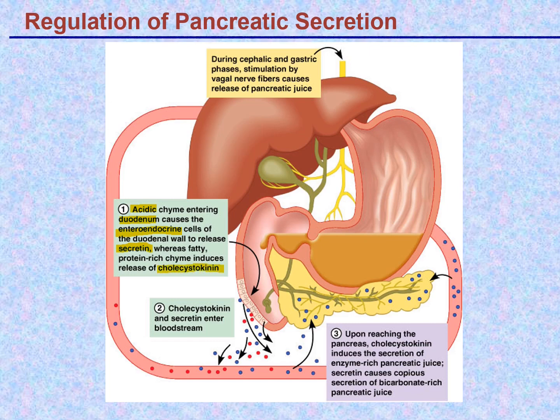These two hormones enter into the bloodstream. When they reach the pancreas, the cholecystokinin induces secretion of enzyme-rich pancreatic juice, and secretin will trigger release of bicarbonate-rich pancreatic juice. Remember, bicarb has a high pH. It's alkaline. It can neutralize the acidity of acid chyme.